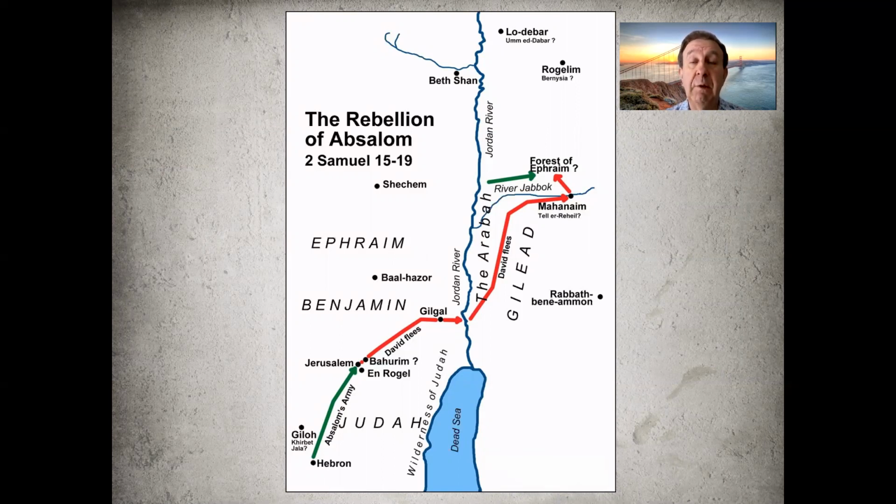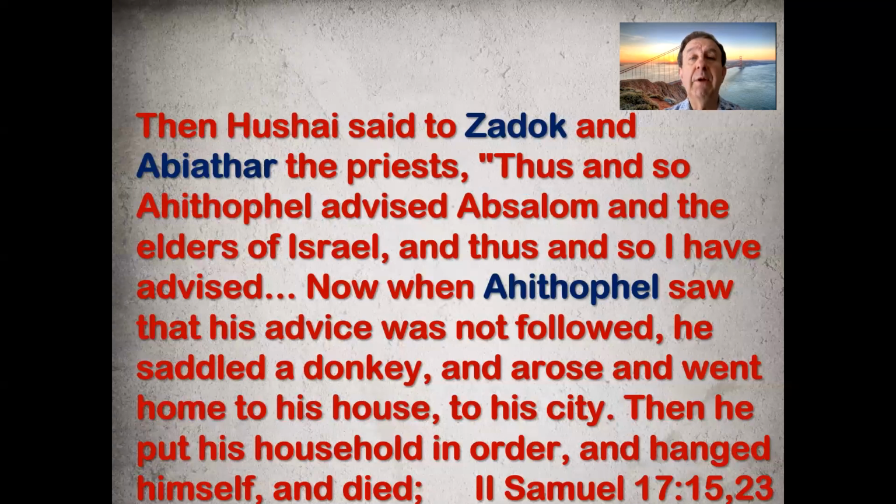Again, Hushai intervenes. Then Hushai said to Zadok and Abiathar, the priest, thus and so Ahithophel advised Absalom and the elders of Israel, and thus and so I have advised. So he tells the two priests that were actually on David's side, but they too stayed back so that they might be helpful to David in a secret way.